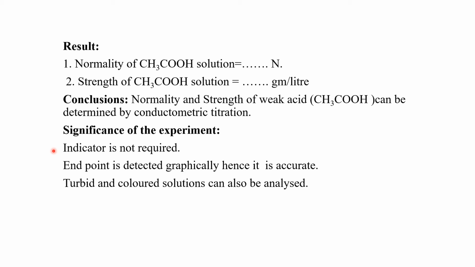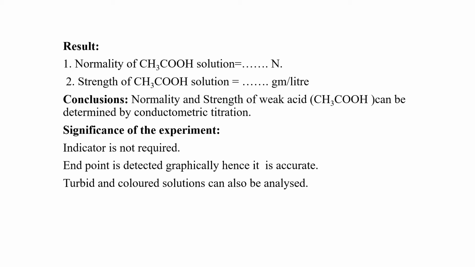We can perform this experiment without indicator. And the endpoint we can detect graphically, hence it is accurate. And the last significance is that we can perform these conductometric titrations for turbid and colored solutions, and we can analyze them properly.